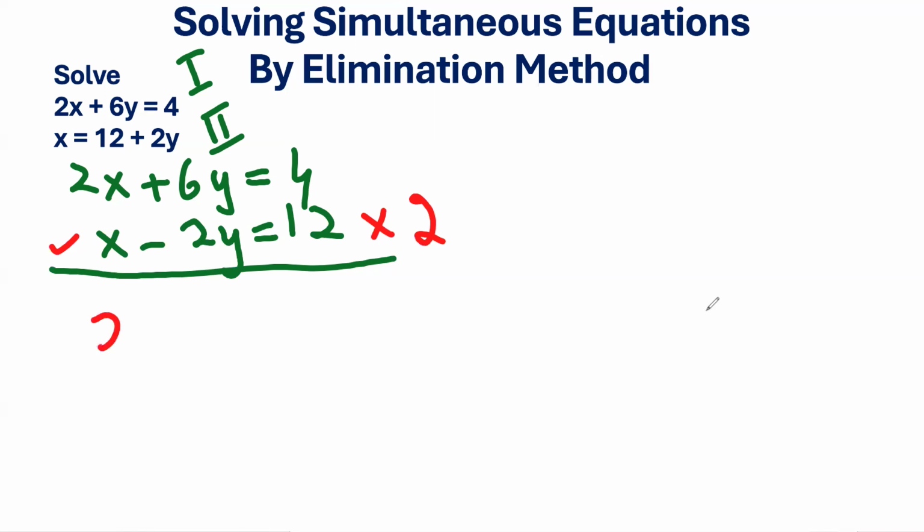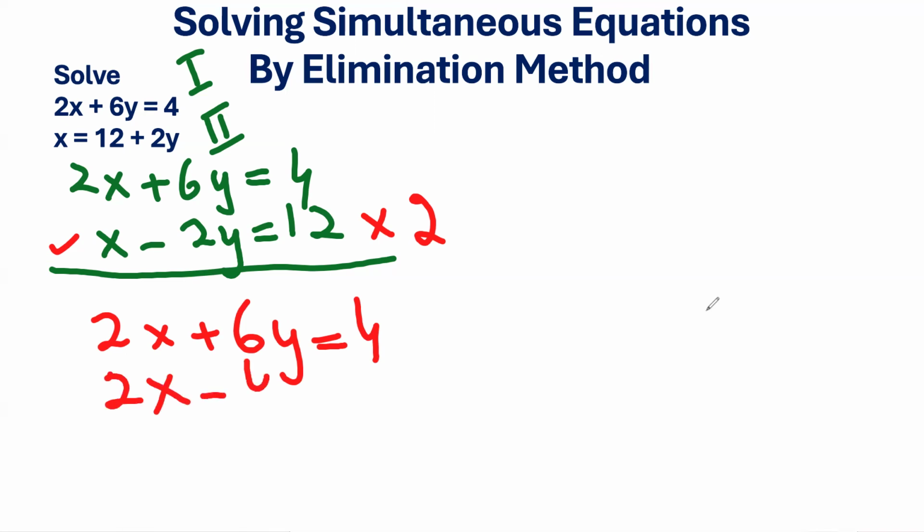So it will become 2x plus 6y is equal to 4. This is equation 1. And equation 2 will become 2x minus 4y is equal to 24. 12 multiplied by 2 will give you 24. Now this is 1 and this is 2.